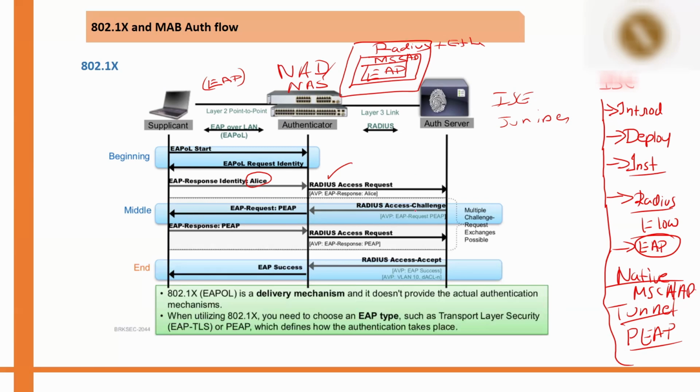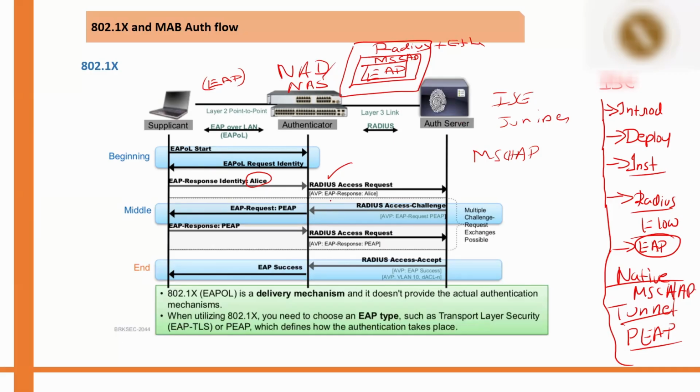So this RADIUS server is going to respond with a RADIUS access challenge if you're using MS-CHAP v2. If you're using MS-CHAP v1 as a protocol here initially, then both the username and password will be sent in a single go. But since it's MS-CHAP v2, first it is going to send the username, then the authentication server is going to accept that request, and it is going to send an access challenge.